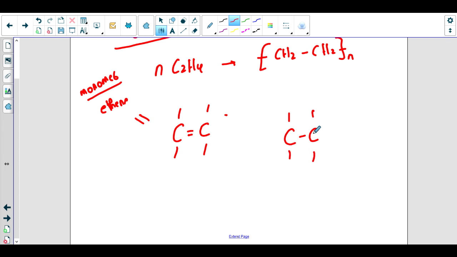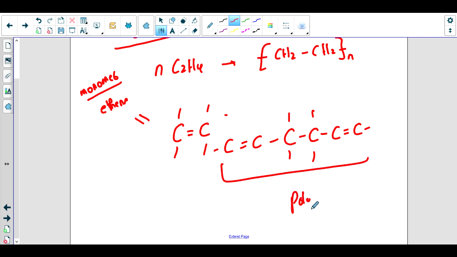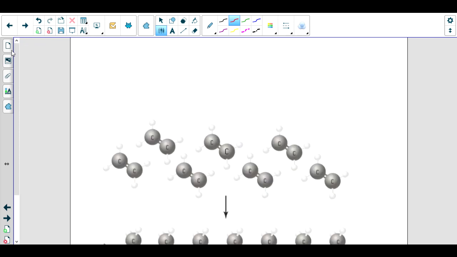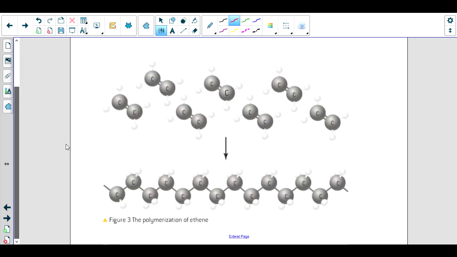When this double bond is broken, you have a space. Here connect one more alkene, here connect one more alkene. And continue this: break the double bond, connect one more alkene. Then it becomes a polymer. You can make it as long as you want. For example, these are monomers of alkenes.